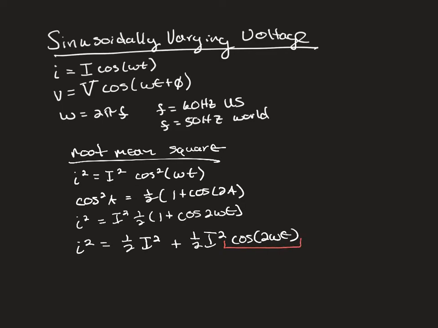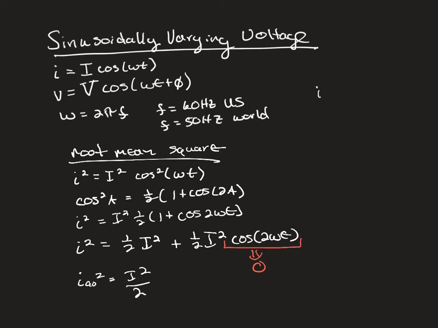And because half the values are going to be positive and half the values are going to be equally negative, this term still goes to 0 when you take the average. So we're left with I average squared equals I max squared over 2.